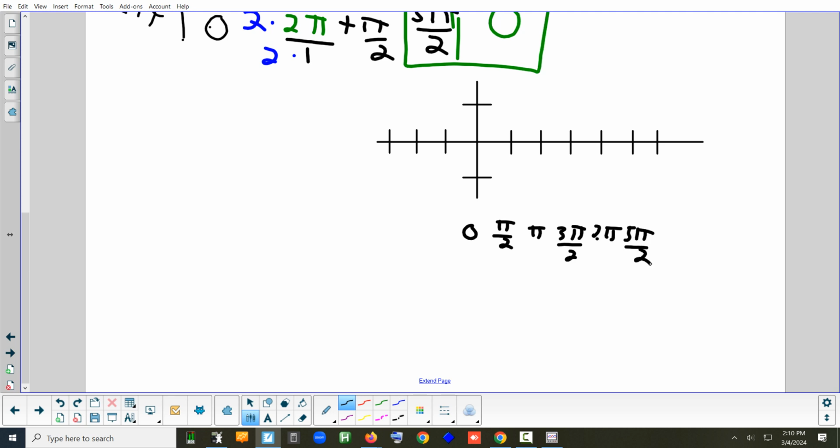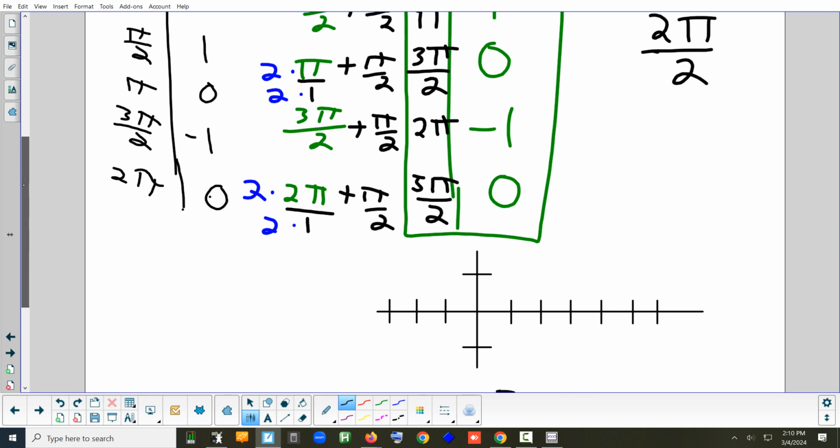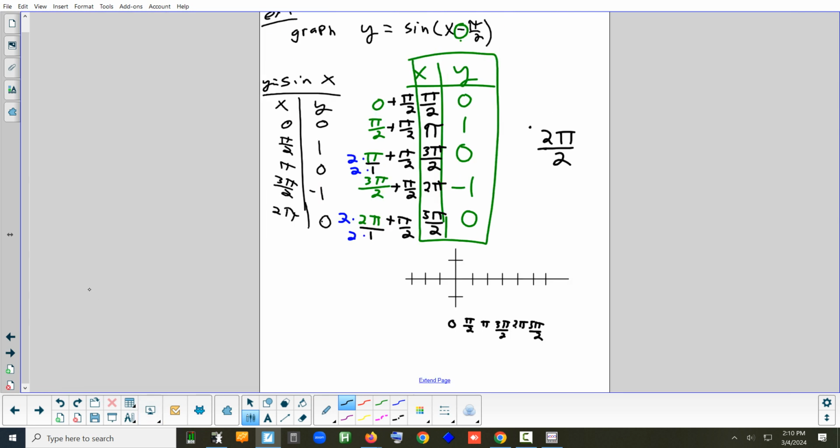All right, now we just graph all our points. Let me zoom out so I can see them. We've got pi over 2, 0. Pi, we're at 1. 3 pi over 2, 0. 2 pi, negative 1.